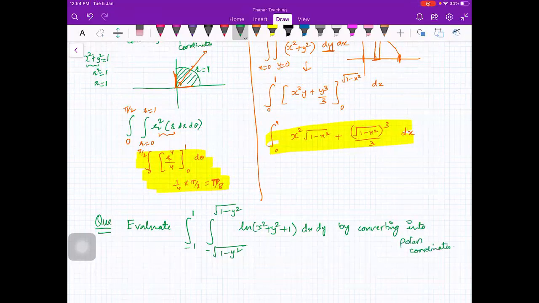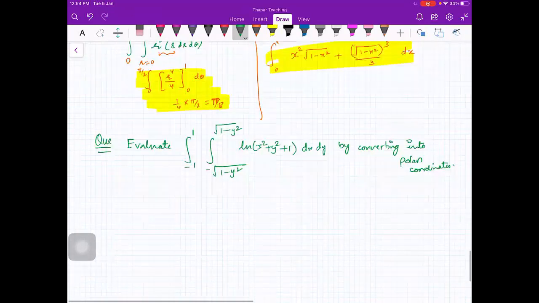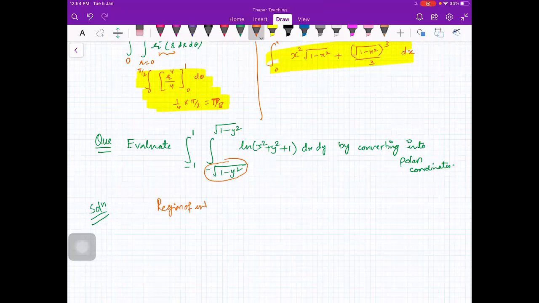So you see, first of all, when you are converting something into polar coordinates, you need to know what is the region of integration. Now from here, your region of integration is from x equal to minus square root of 1 minus y square to x equal to plus square root of 1 minus y square.